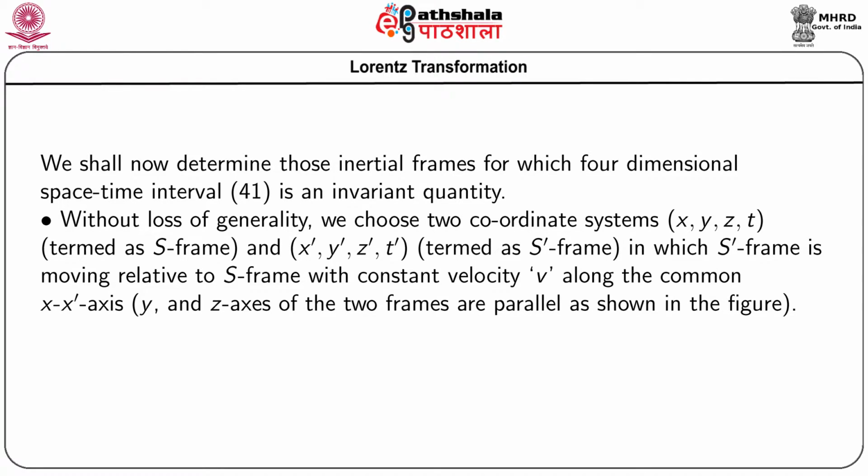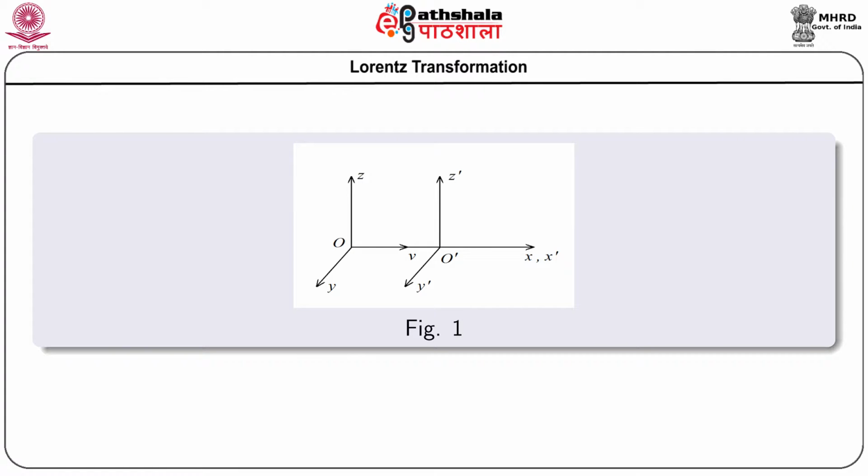And S dash frame is moving relative to S with a constant velocity v along the common x axis, and the y and z axes of the two frames are parallel, as shown in the figure. So, the first one is the S frame and the second one is the S dash frame, and S dash is moving with a constant velocity v along the x direction.